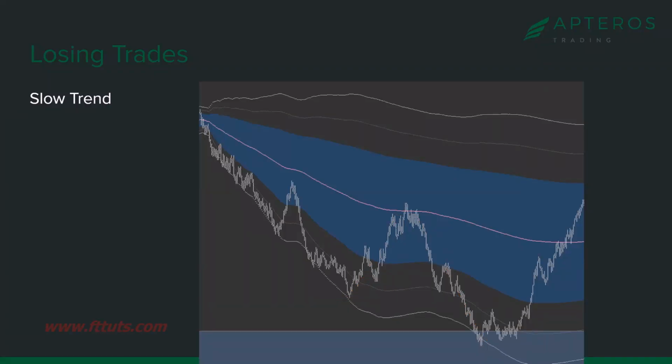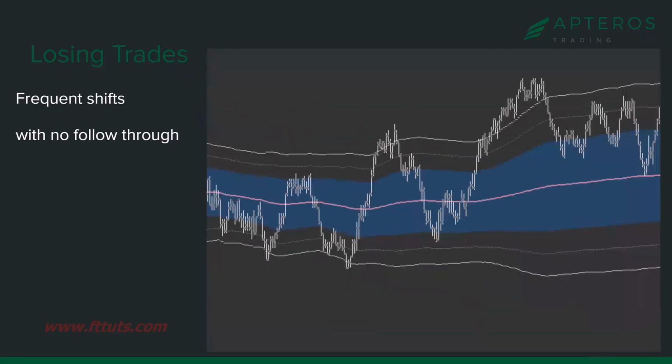More losing trades. Let's talk about more frequent shifts, where the market tries to go imbalanced or tries to go rotational and then just does the opposite. It doesn't follow through with that conditioned shift. So we try to go imbalanced down here on a micro basis, and then you get a rotation, but then it stops you out.